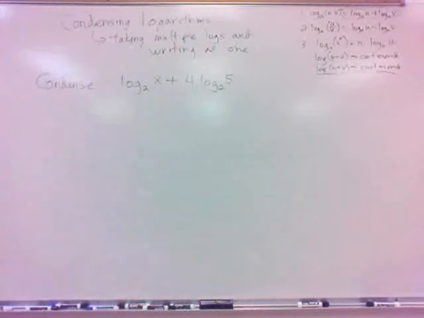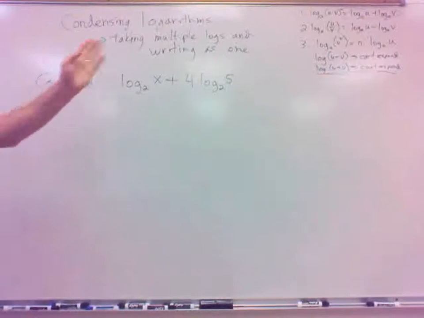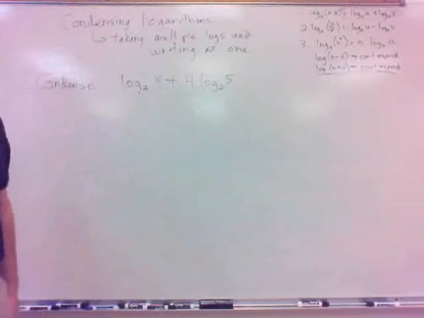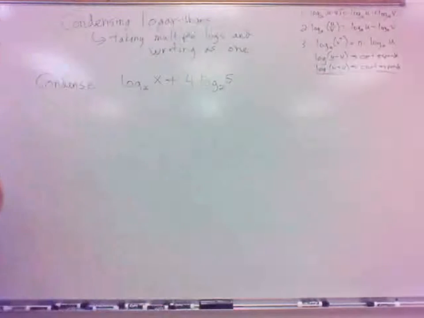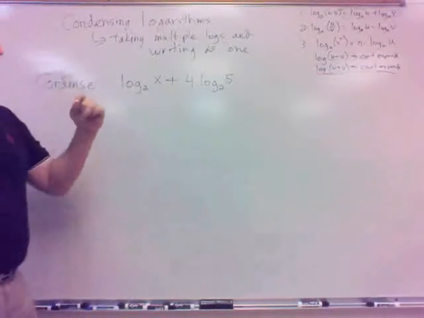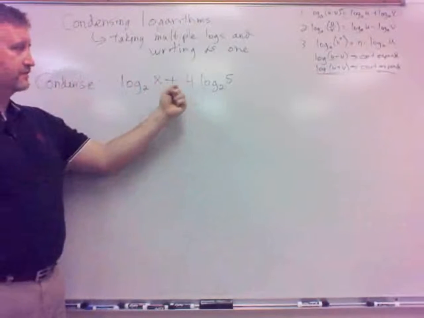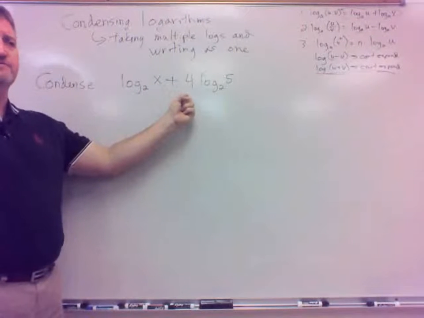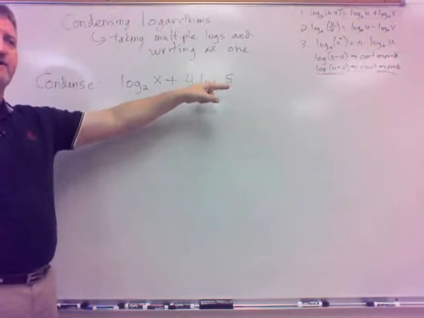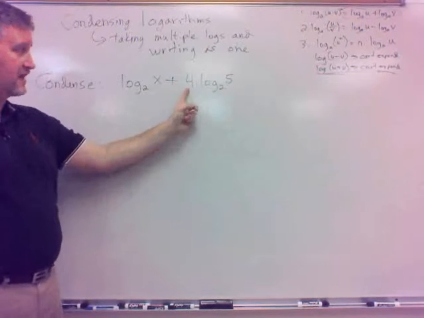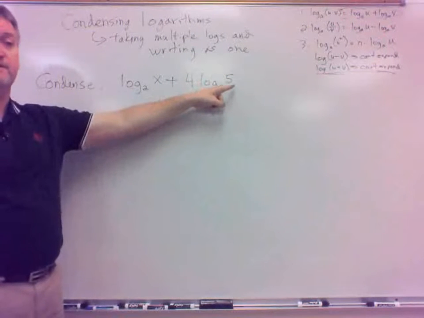All right, we are going the other way, so we're thinking in the reverse direction here. Well, the first thing you want to do on condensing is, if you have numbers in front of your logarithms, you want to put the numbers on the inside. Now, if we do that, what do the numbers on the outside happen to do on the inside?